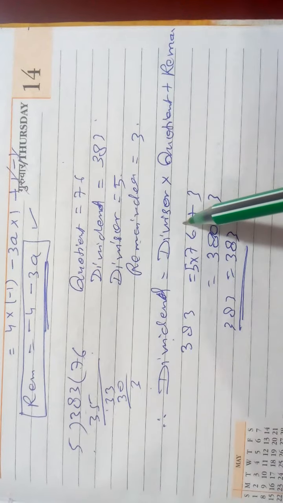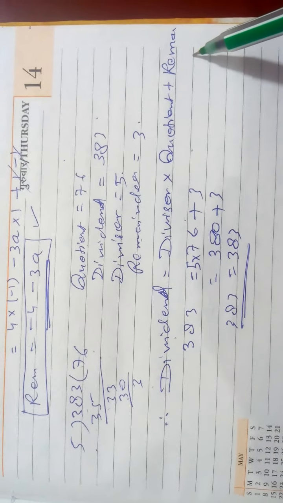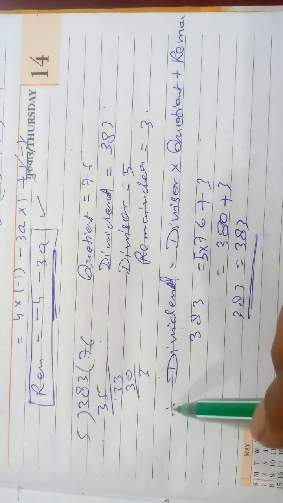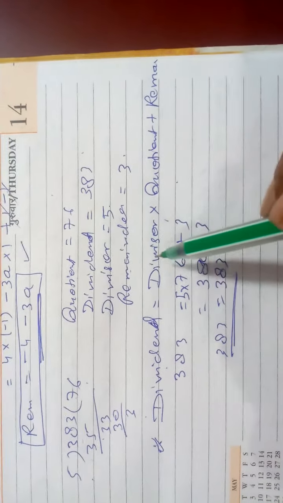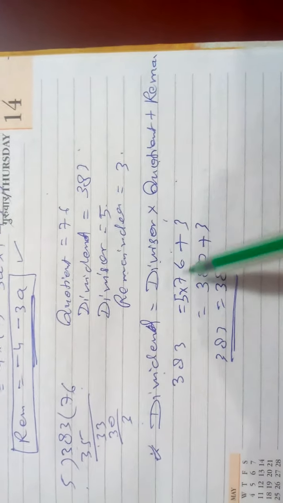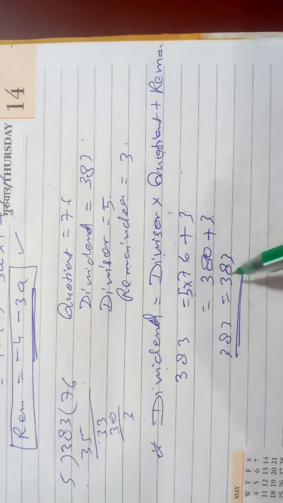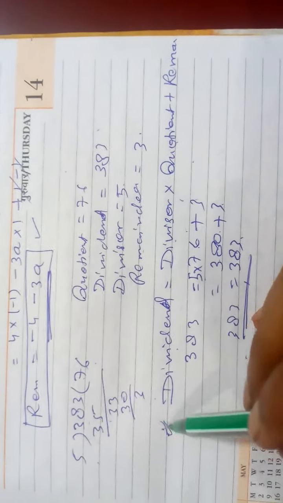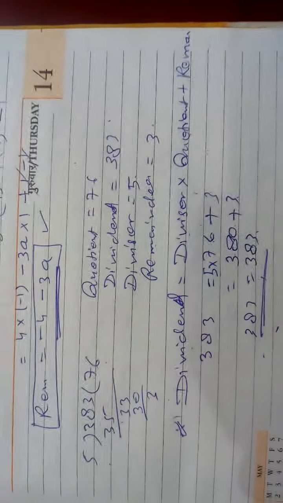Dividend is equal to divisor into quotient plus remainder. It is a rule, the division algorithm theorem. Divisor 5 and quotient 76, both multiply, 380, plus 3, 383, both are equal. So it is always true for any division. So for polynomials it is also true.